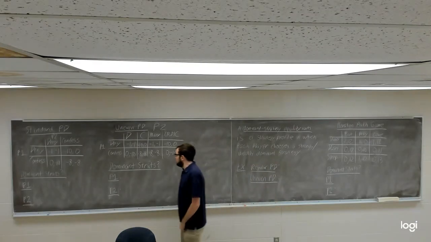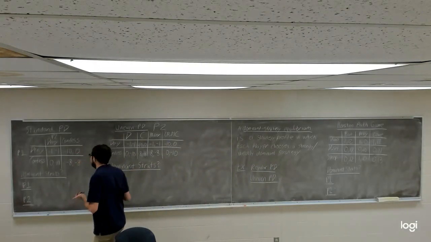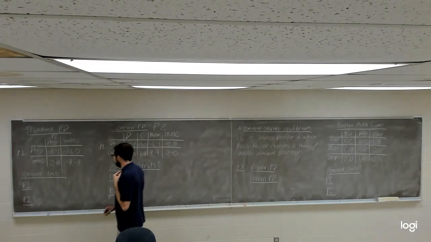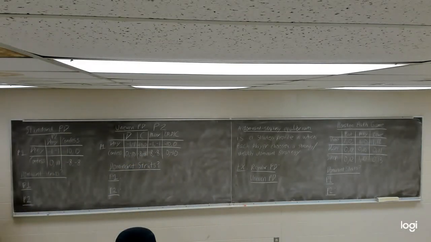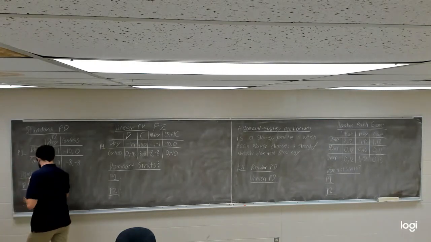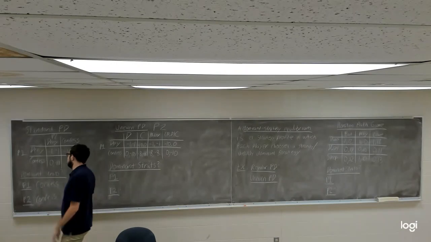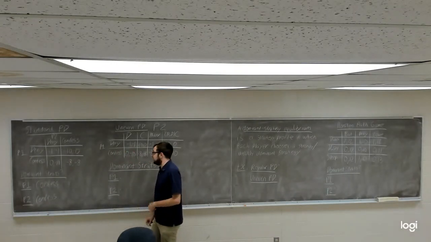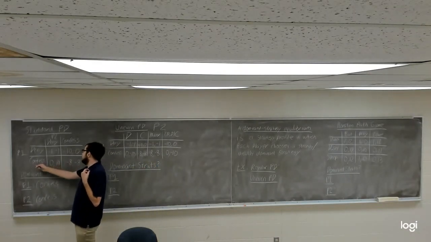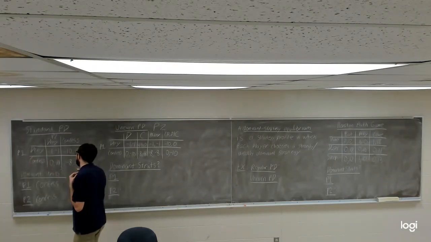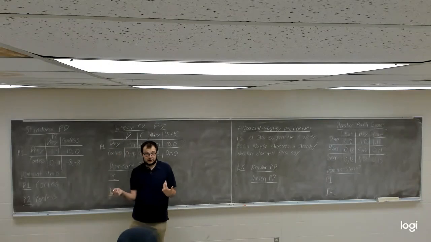If we apply these ideas to the standard and uneven prisoner's dilemma, we can see that in the standard prisoner's dilemma, player 1 and player 2 both had a dominant strategy of confess. The reason being that confess, for say player 1, will always give a strictly higher payout than deny does for them.